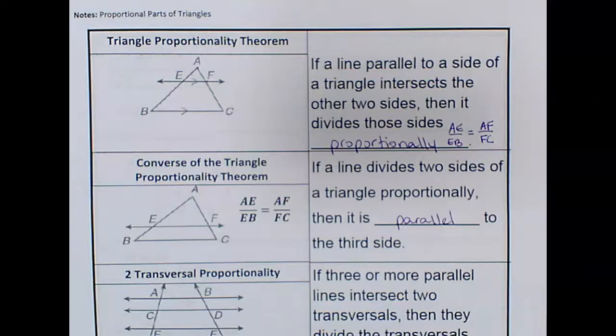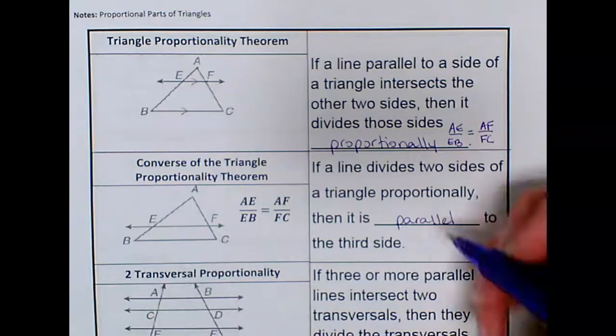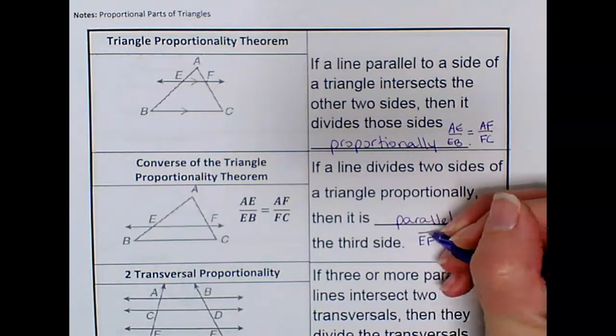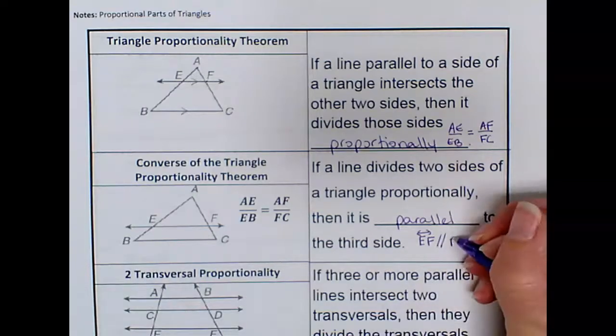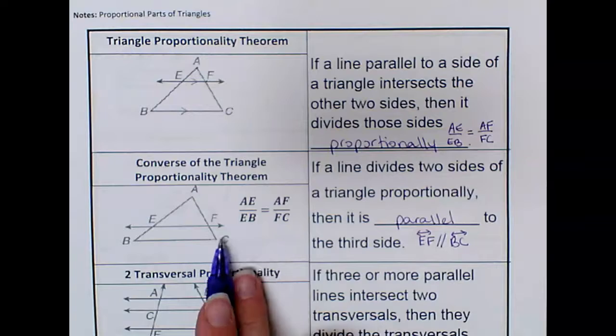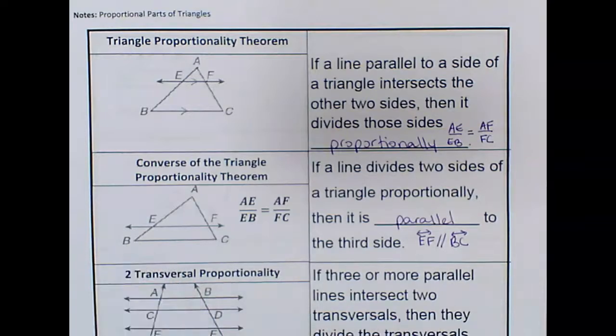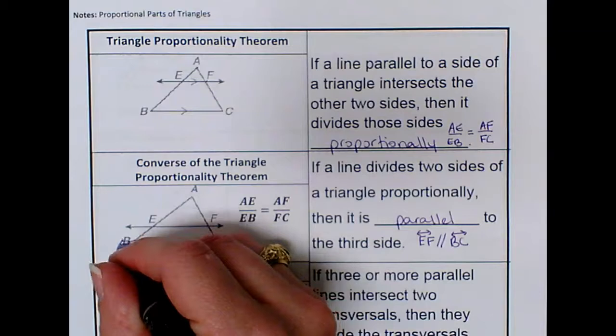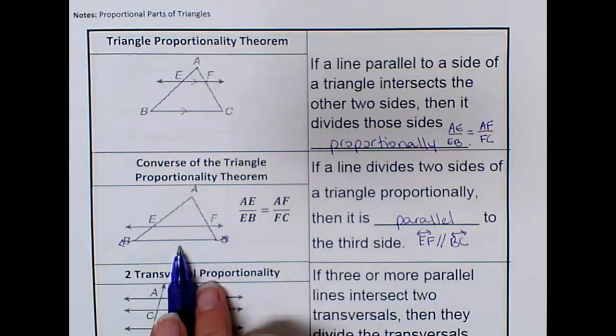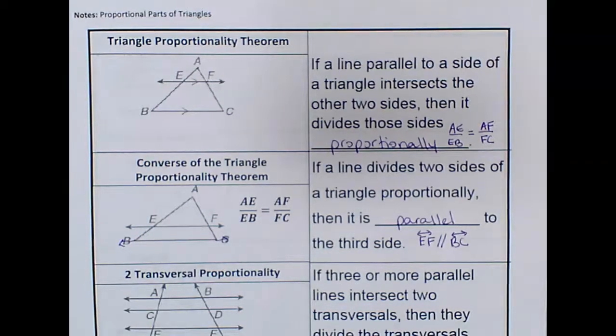So the claim here is that this line EF is parallel to that third side BC. And I understand that side BC is a line segment, but we're talking about the line that has segment BC in it. So if I were to extend this, then I could say that EF and BC, those lines are parallel to each other.